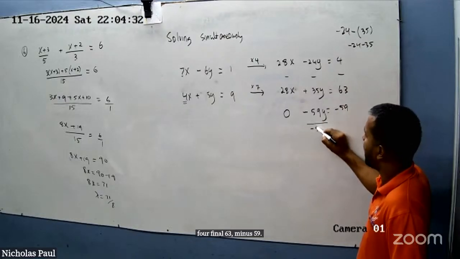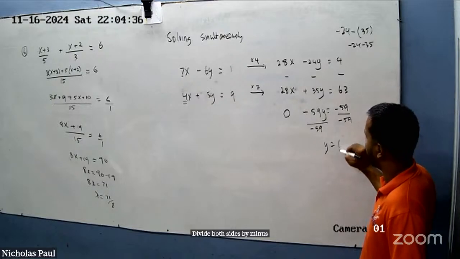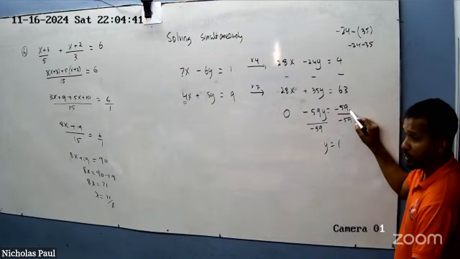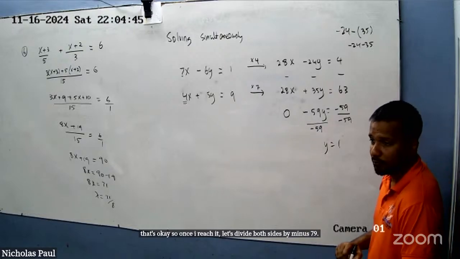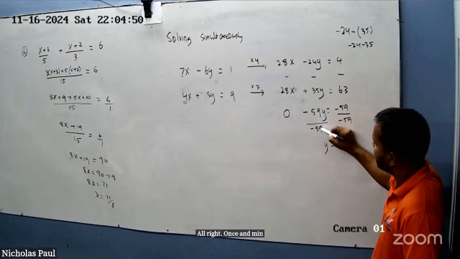And all your hard work is finished. Divide both sides by minus 59 and you'll get y. Once you subtract, you divide by the same value and you're done.